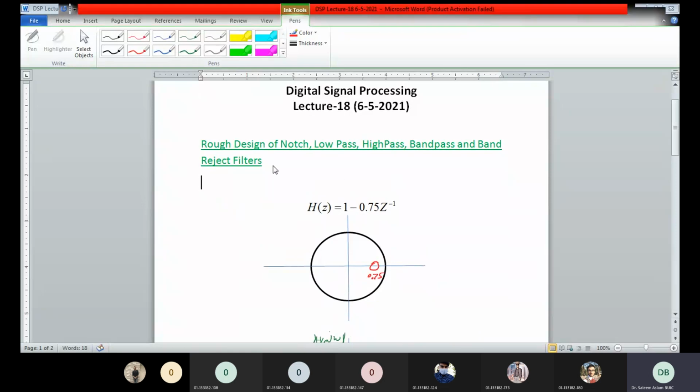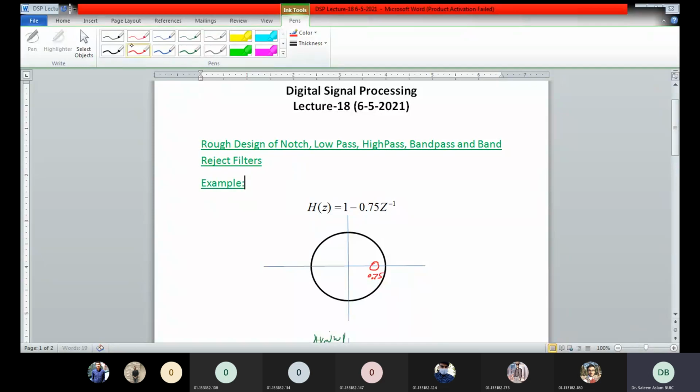If you remember, in the last lecture, we said that if we have a very simple system having a single zero, we can plot its magnitude response exploiting its Z transform. So we are given the Z transform expression H(z) = 1 - 0.75 z^-1.